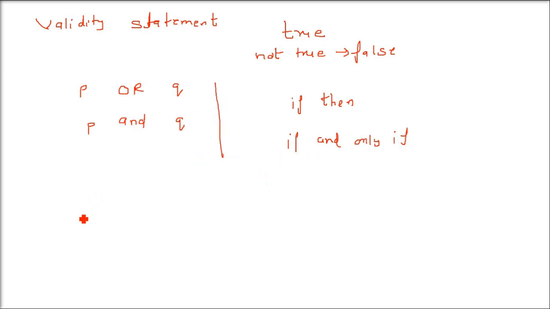You are using quantifiers. Quantifiers means for every, there exists. Whenever these all appear in a given statement, then checking whether the statement is true or not true is the validity of statements.